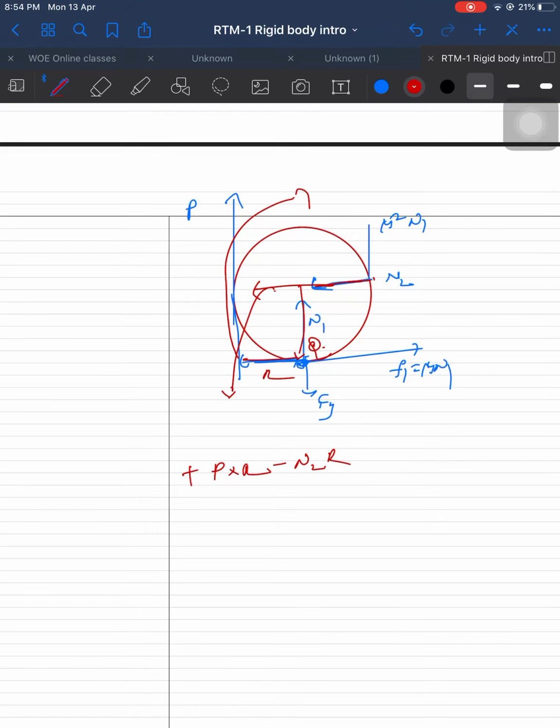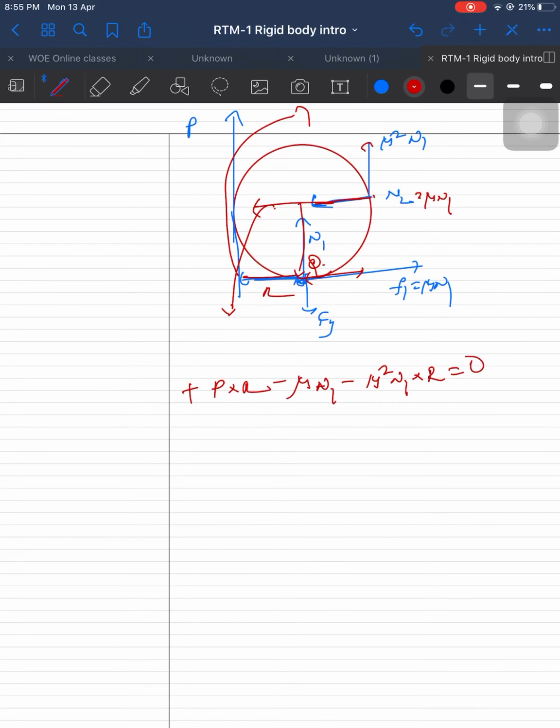Okay, and what about mu square N1? It is N1. Simplifying this, N2 is equal to mu N1, minus mu square N1 into the distance from here to here, r, is equal to 0.